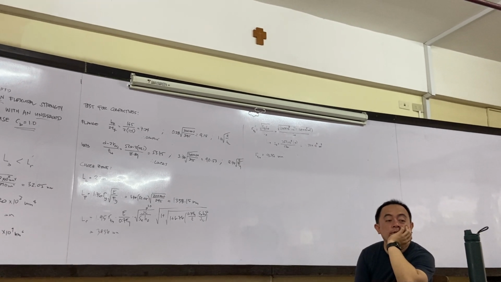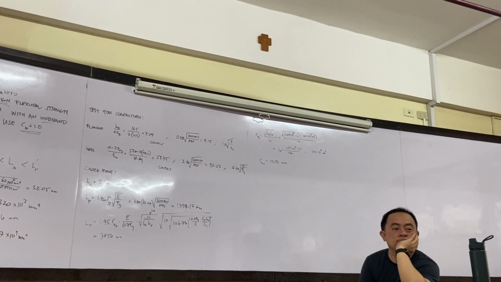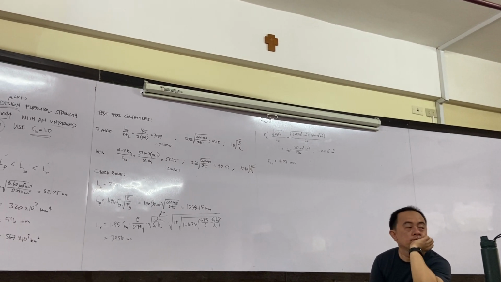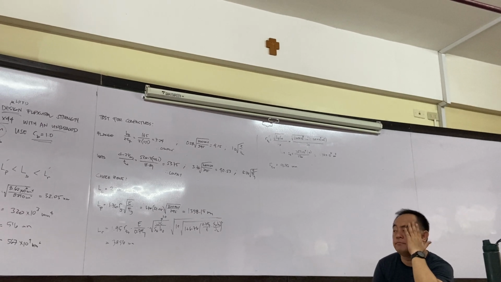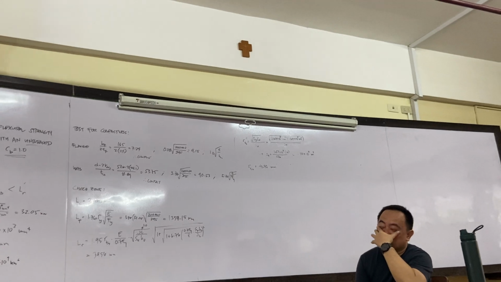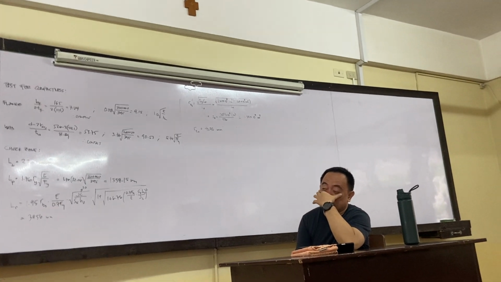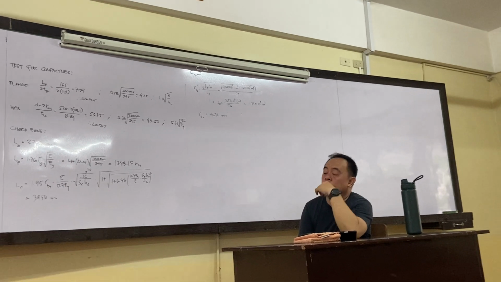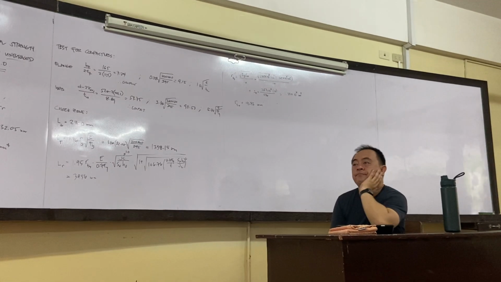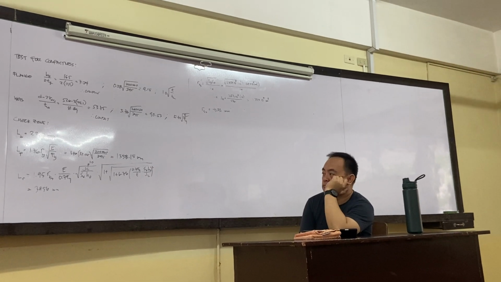Wait lang dyan. 1.95 times 45. Ano yun, 1.95 times 40.77? Square times na bagay mo, square.